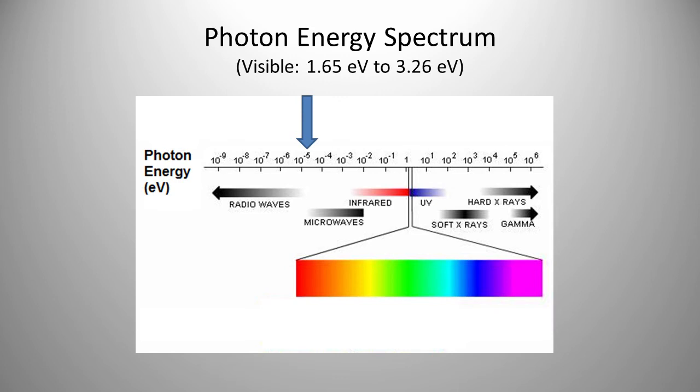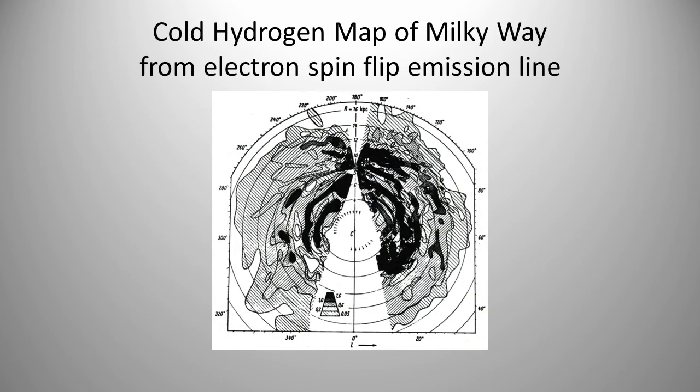As part of the swirling mass of stars and gas that's going around the center of the Milky Way, this gas has a velocity relative to us. And by measuring the Doppler shift of this low-energy emission line, astronomers can figure out where in the spinning disk it is. And the strength of the line will indicate how much hydrogen is there. And so we can map out the density of the hydrogen gas in the Milky Way. This is what that map looks like.